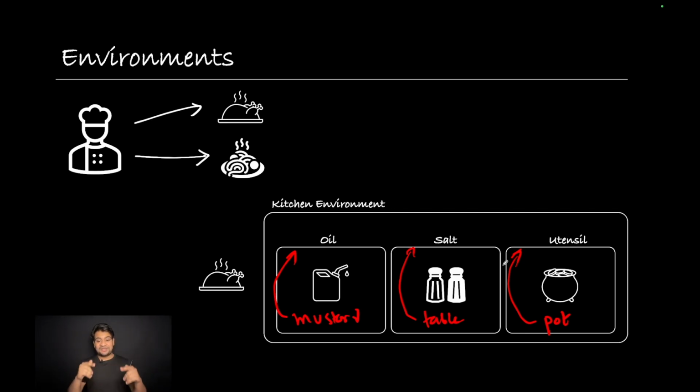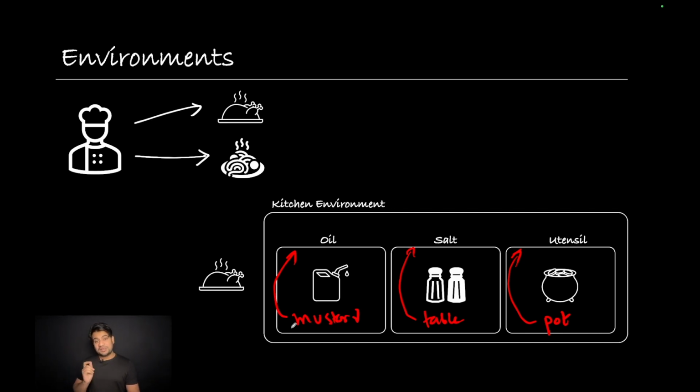Now if I have to make pasta, the problem is I can only have one type of oil or one type of salt or one type of utensil in one environment. So I'm working globally, this is just one global environment that I have.